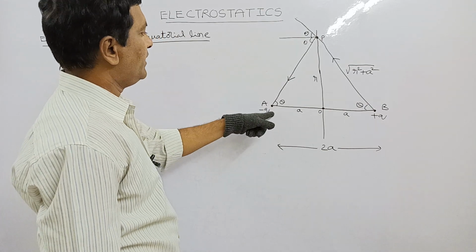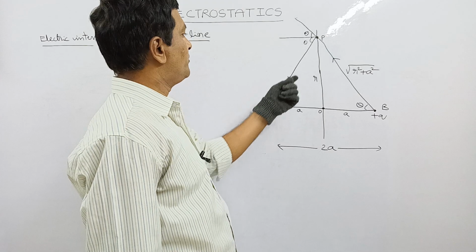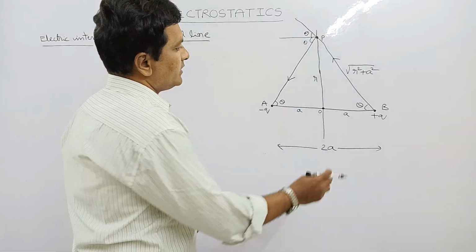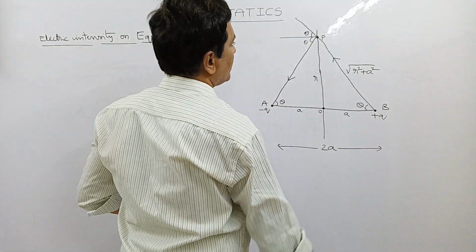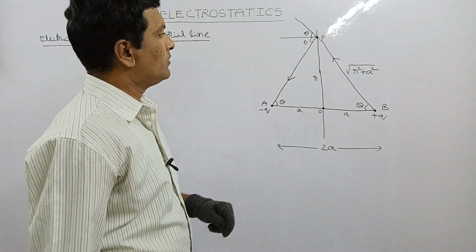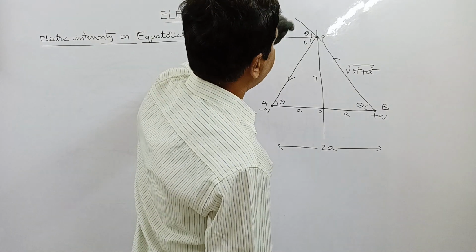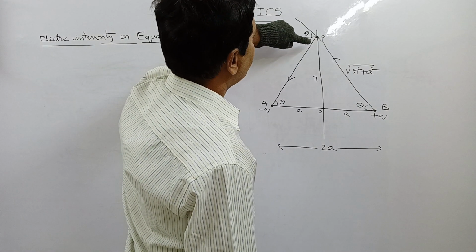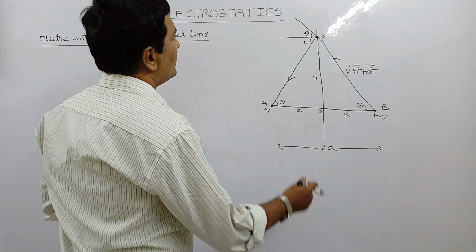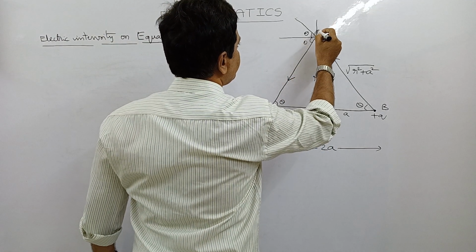The electric field due to the positive charge acts in the direction of BP. So when we take the resultant electric field, we should resolve it into two components.